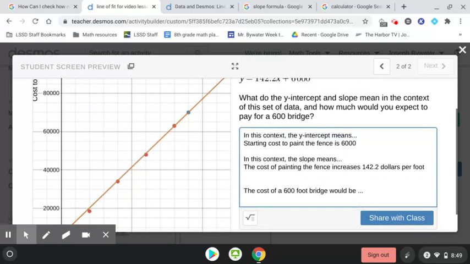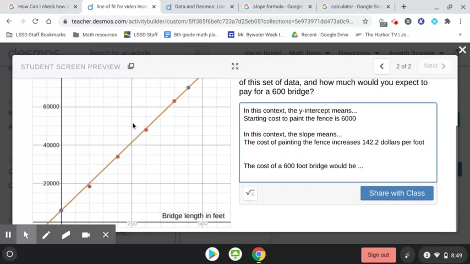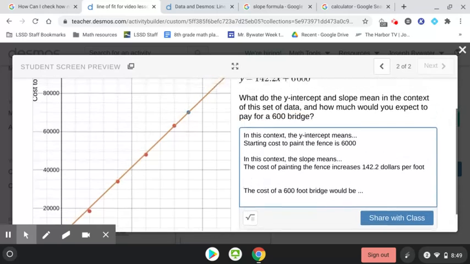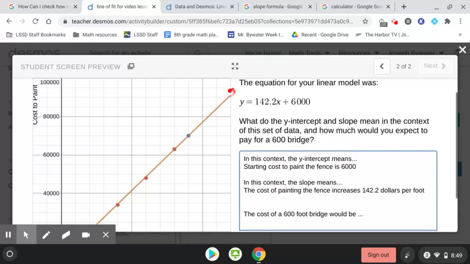And the cost of a 600-foot bridge, well, let's come down here and we can look at our graph. A 600-foot bridge. It looks like I'm not quite going to make it. It'd be right around here. I could guess it's going to be somewhere around 90,000, probably a little bit over it.